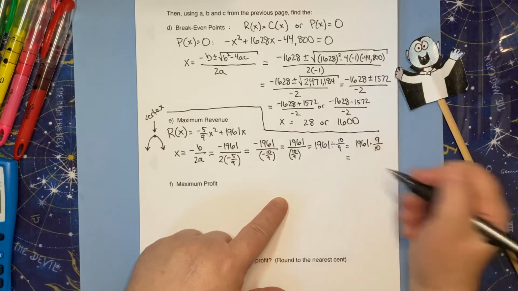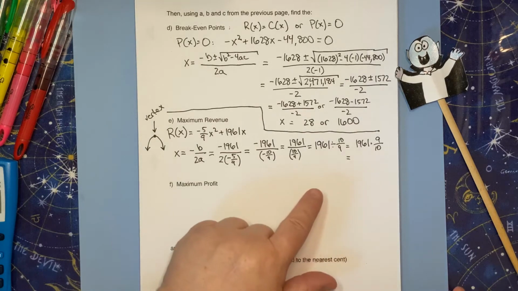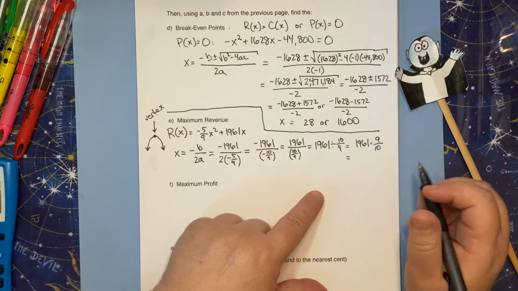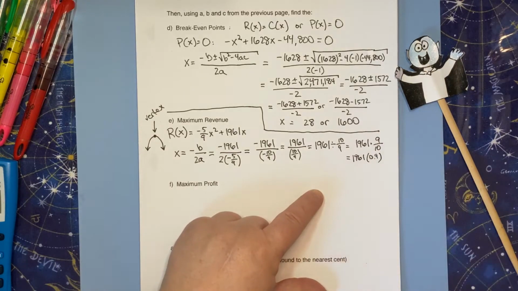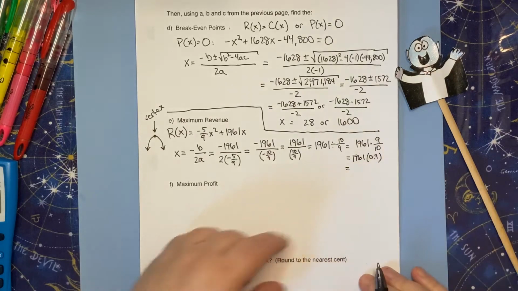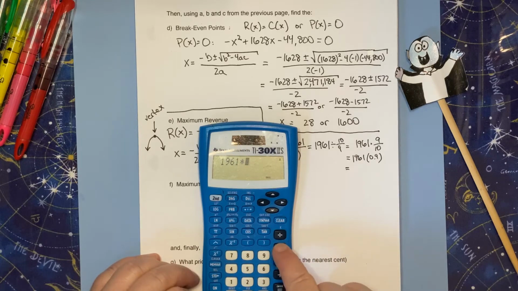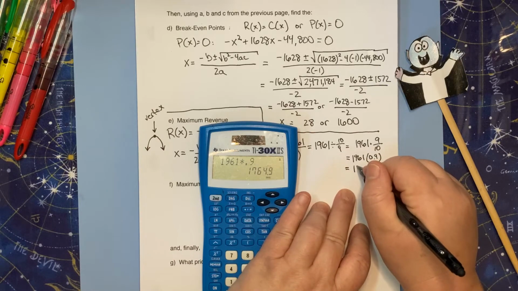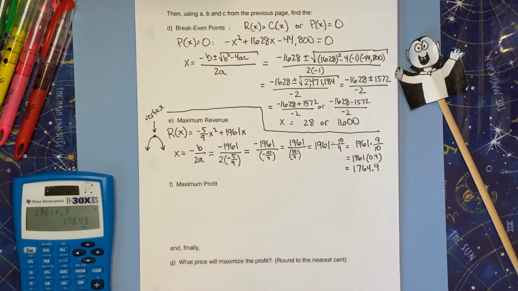I've completely underestimated how much space I was going to need, so I apologize for that. That's 1961 times 0.9. Oh my gosh, everybody's happy. We're back in decimal land, and 1961 times 0.9 equals 1764.9. And immediately you check your answer, and the book says, nope, that's not correct.